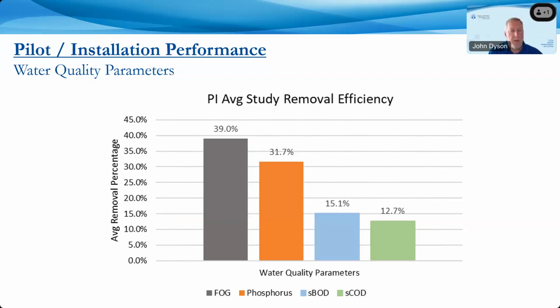So other parameters people asked, how much FOG are we removing? Based on the data, I wouldn't say it's the perfect test, but we definitely see about 40 to 50% FOG removal through the process. In terms of phosphorus removal, this is just particulate, so no chemical being added. So we're just removing phosphorus as that.